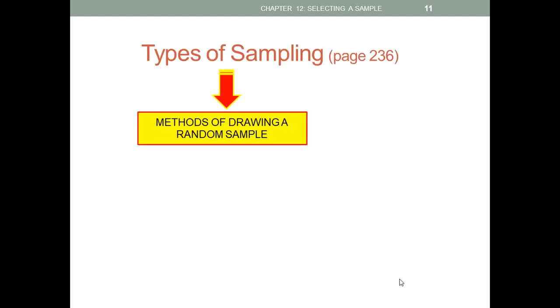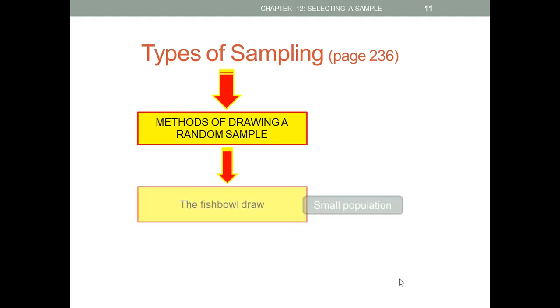Let's move on to 3 methods of drawing a random sample. In the previous moment, we talked about key attributes, the key characteristics of a probability or random sampling design.